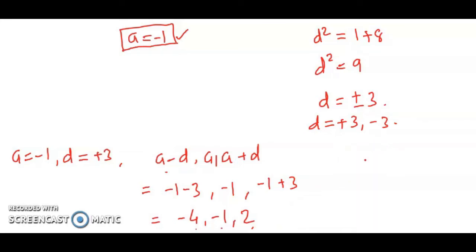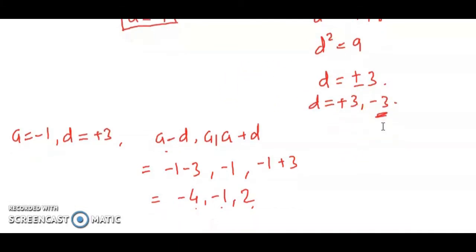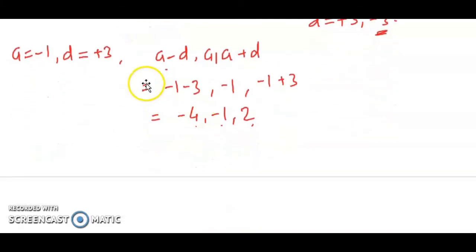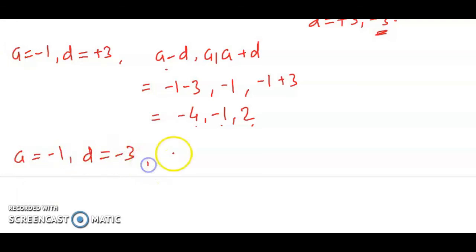whose addition will be equal to minus 3 and multiplication will be 8. Now if you take d equal to minus 3, a is minus 1 and d equal to minus 3. So let's find out those three numbers. First number a minus d. In place of a we will put minus 1 and in place of d we will put minus 3.